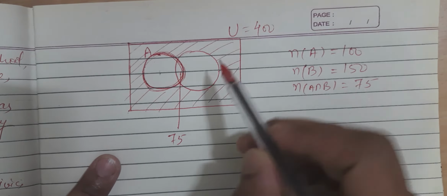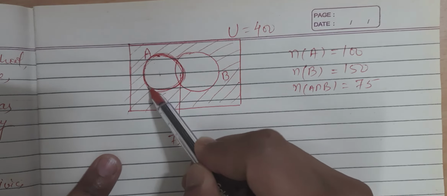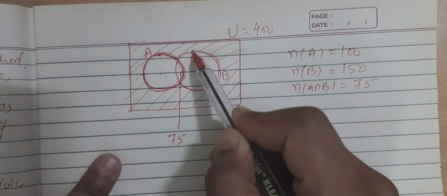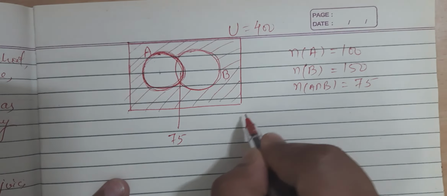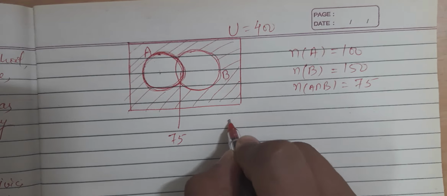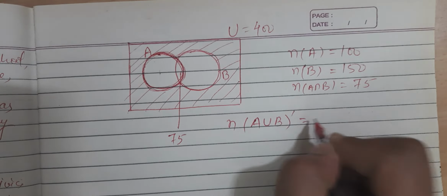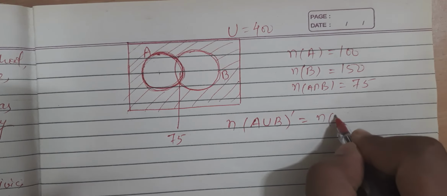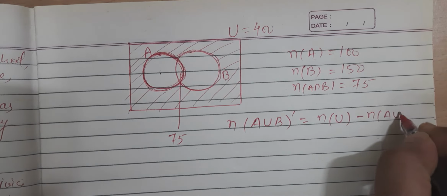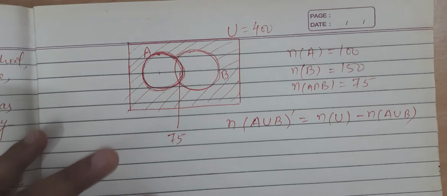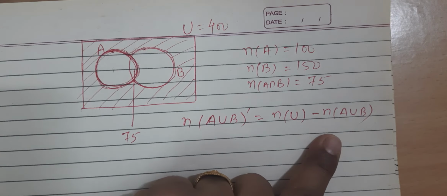This is the complement of A union B, other than A union B. Other than means complement, which means N(A union B)', which is nothing but N(U), the universal set, minus this union. Like this, by using the Venn diagram also we can directly write this value.